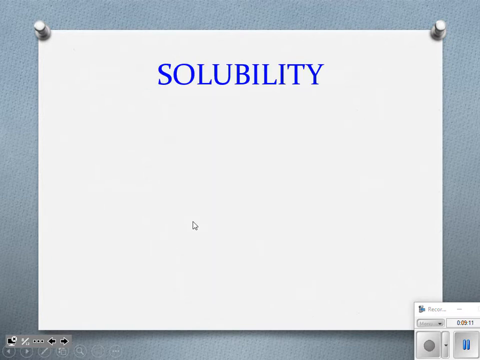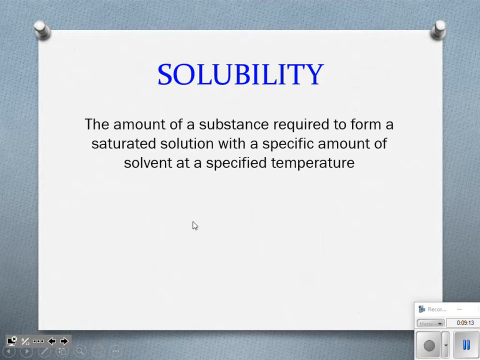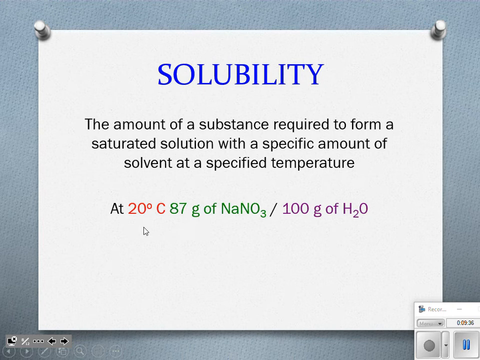Now let's talk a little bit about solubility. Okay? Solubility: the amount of a substance required to form a saturated solution with a specific amount of solvent at a specified temperature. So when we're talking about solubility, we need to have 3 things. We need to have a temperature, right here, 20 degrees Celsius.